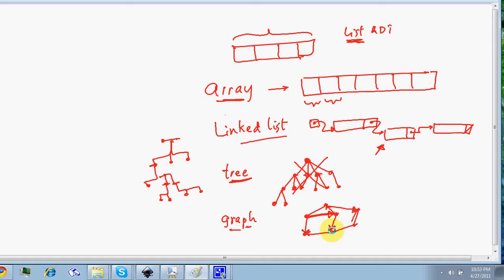So it's an acyclic graph, an acyclic directed graph, ADG. It's an awesome data structure. There are lots of problems around us, lots of data around us which can be represented like this, ADG. So anyway, these are all different kinds of data structures.